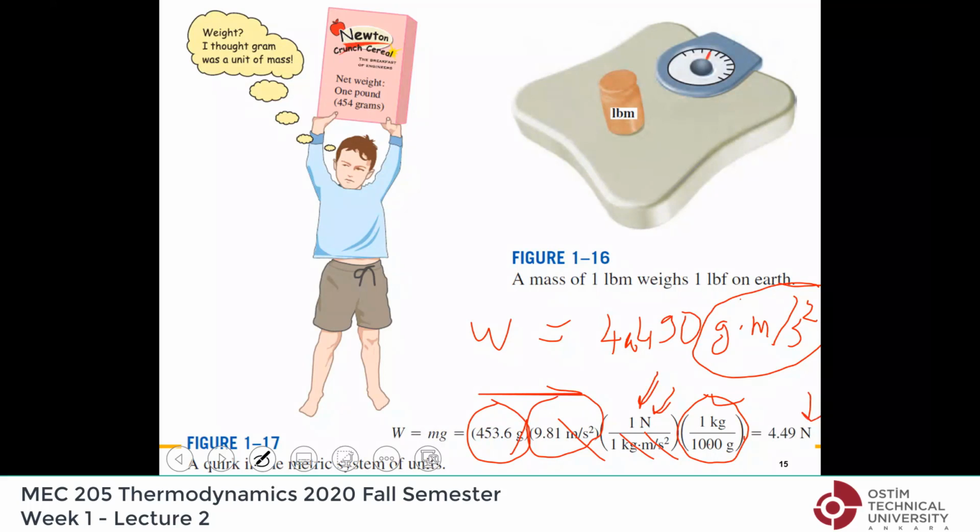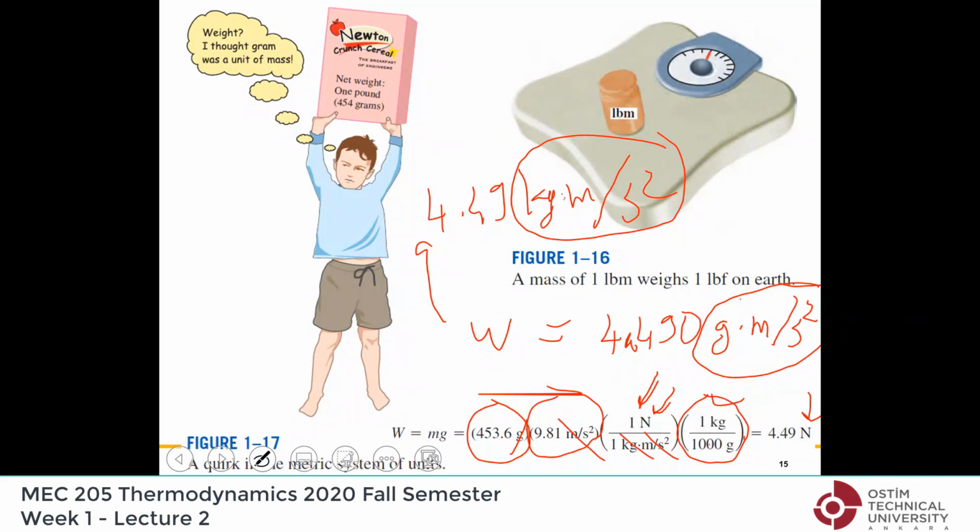All the units cancel out nicely, and you end up with the right unit. Or what you can do is divide by 1,000, 4.49 kilogram meter per second square, but you recognize this as Newton. So you say this is equal to 4.49 Newton.